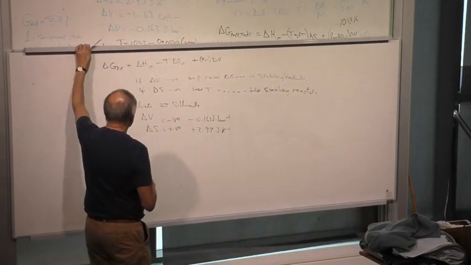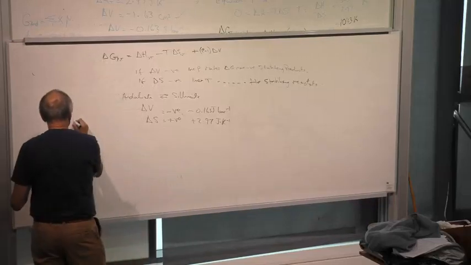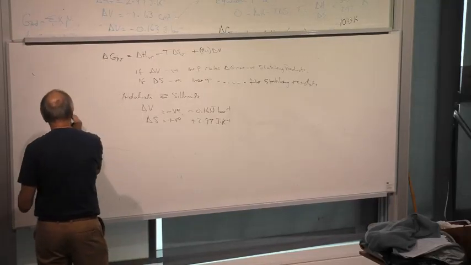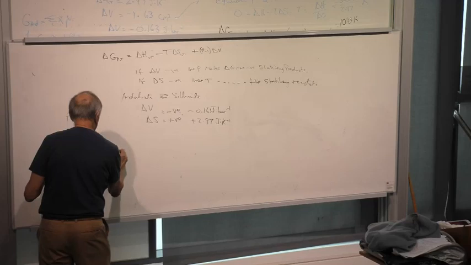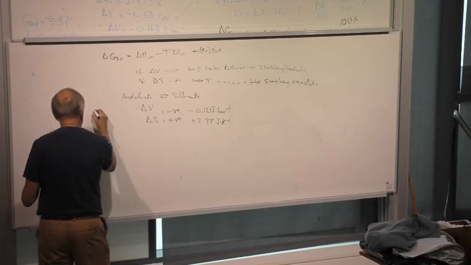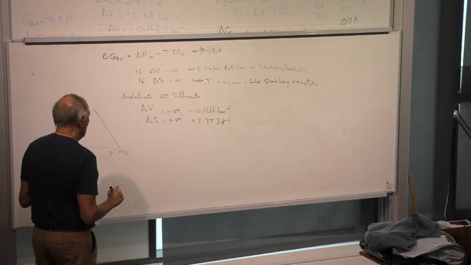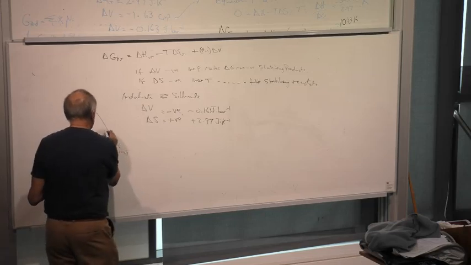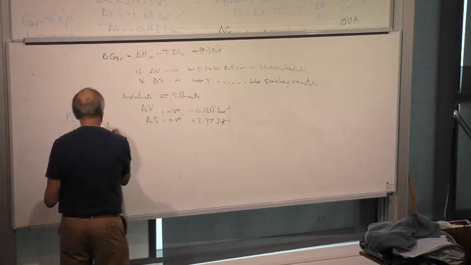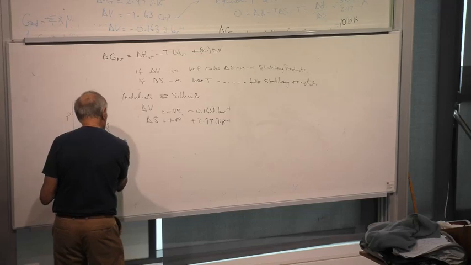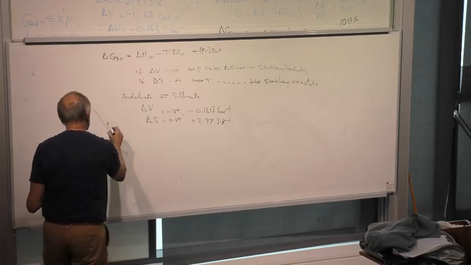And our PT diagram looks like this. So increasing pressure favours sillimanite. So if we go this way, we go to sillimanite, and increasing temperature also favours sillimanite. So that is the sillimanite field.